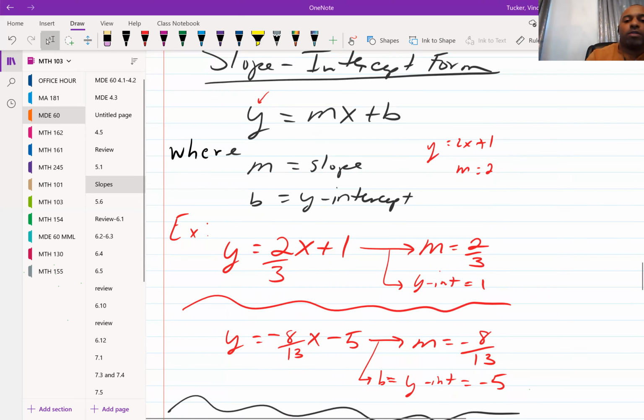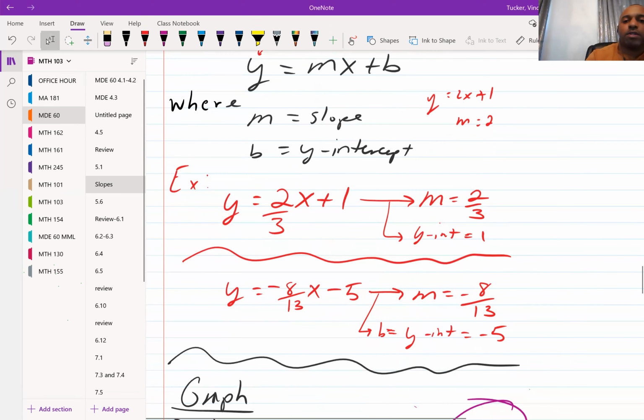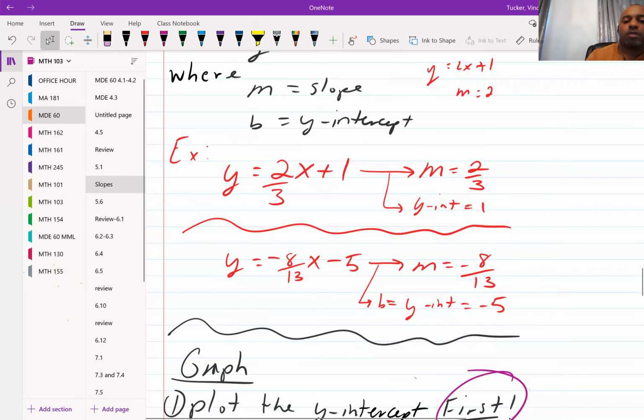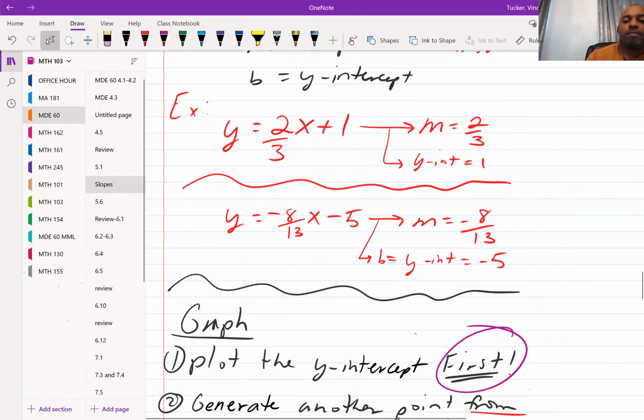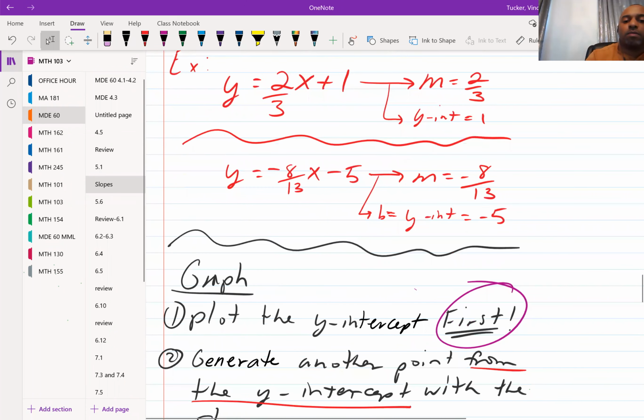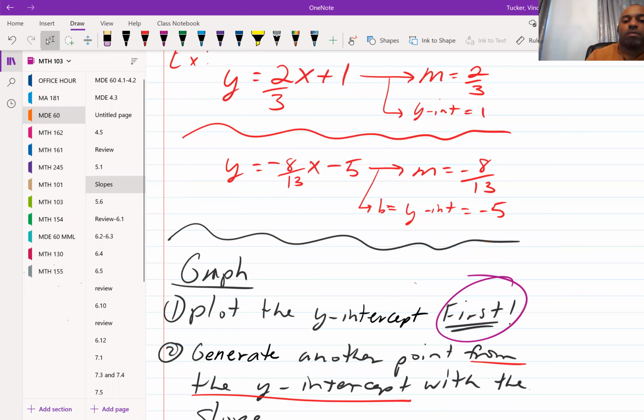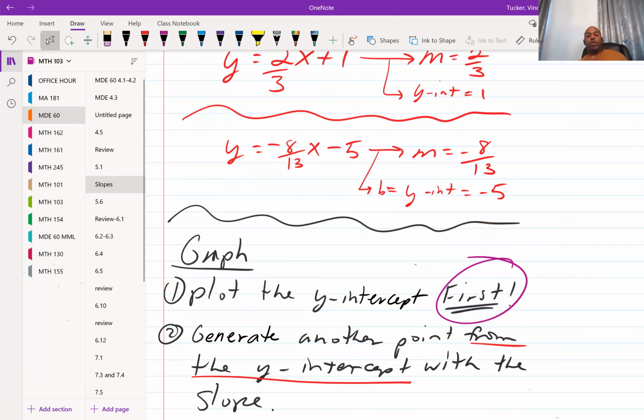All right, ready to use this information? So as far as directions on graphing, what we're gonna do is plot that y-intercept first. You notice I try to underline and circle first because that's major. We're gonna plot the y-intercept first. Then we're gonna generate another point from the y-intercept. We're not gonna go to the origin.